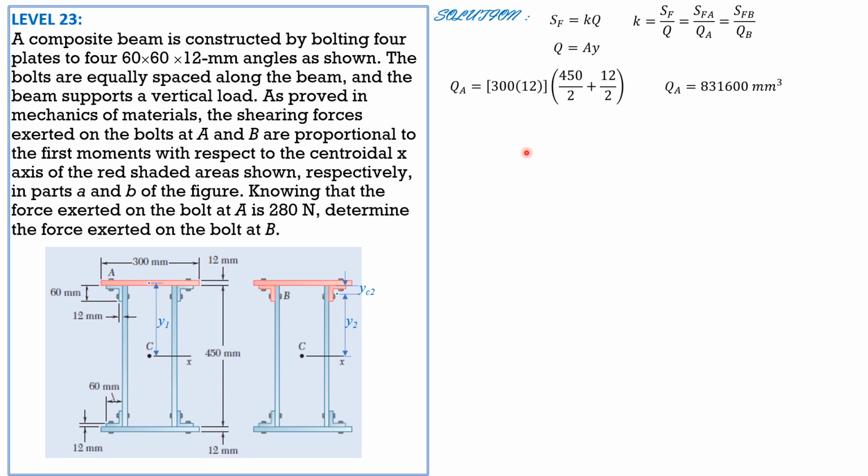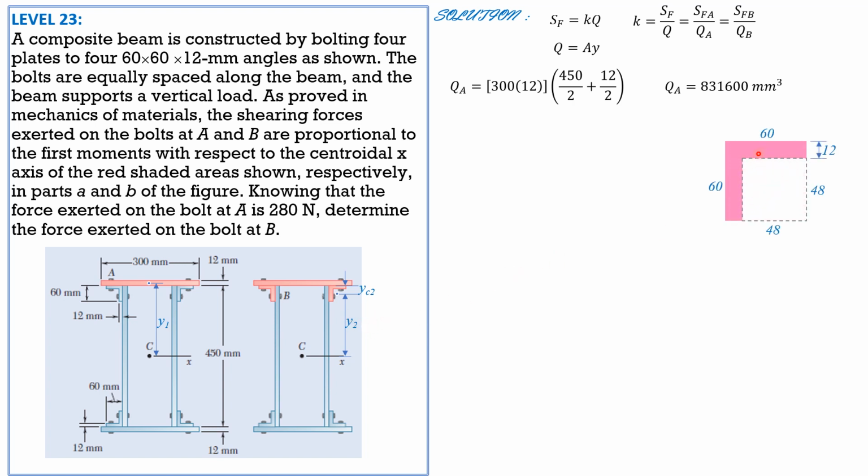Then Q sub B is QA plus 2 times area of angle times y2. So let's enlarge and magnify this angle so that we can compute yc2 and after that, we can compute y2.